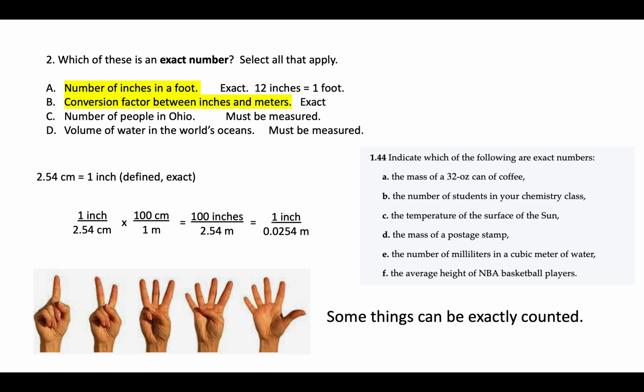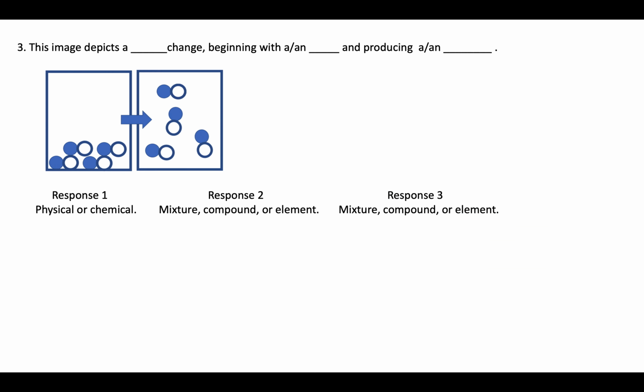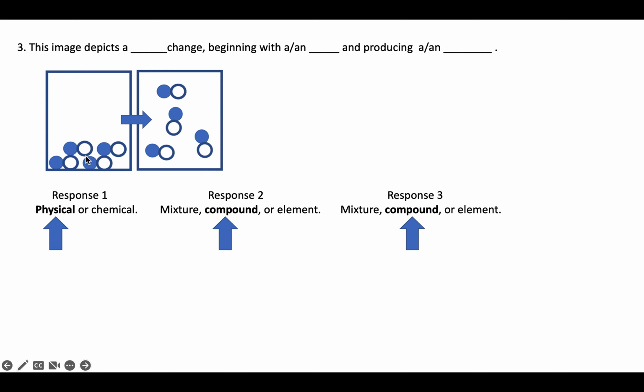Here's an end of chapter question that is on the same point. Here's a particle level representation. We have 3 different responses to fill in. This image depicts a physical change as we have a particular compound undergoing a physical change, and we still see that same compound here.